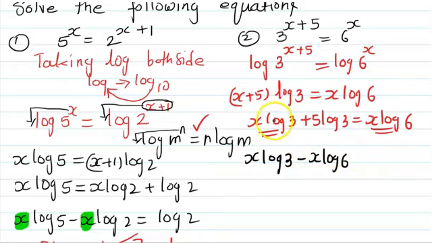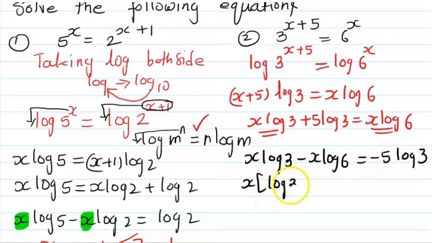And if you want to take log 3 that side, you can do that. So x log 6 equal to, write down here, minus 5 log 3. Okay, so x is outside. It should be log 3 minus log 6 equal to minus 5 log 3.